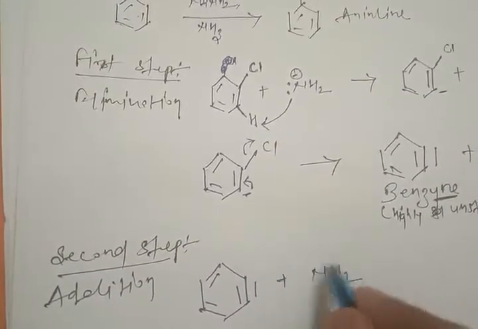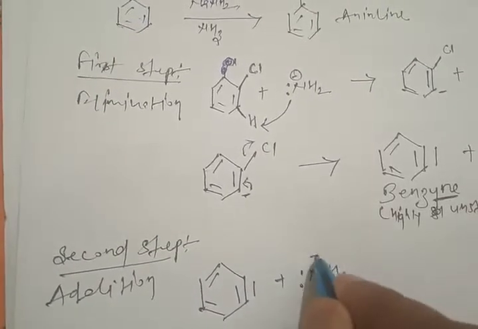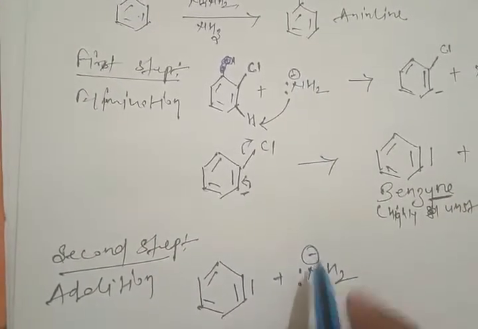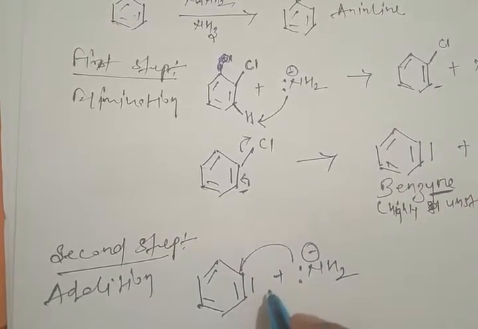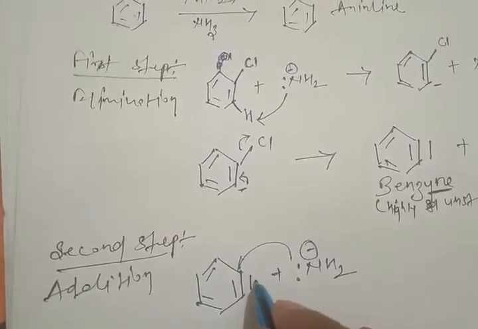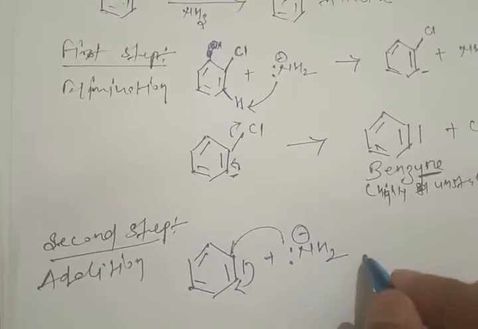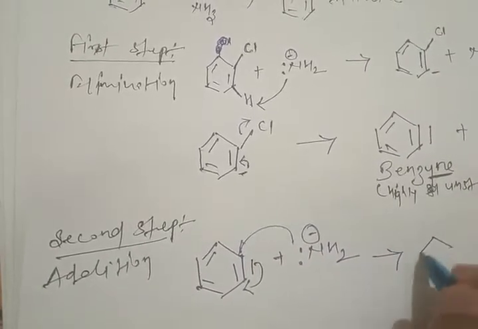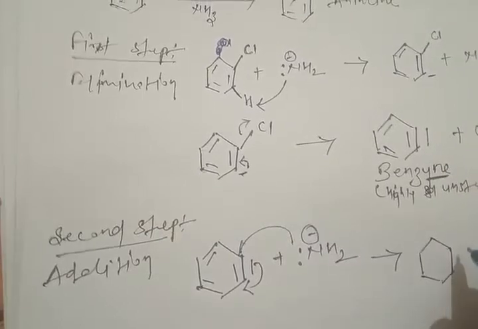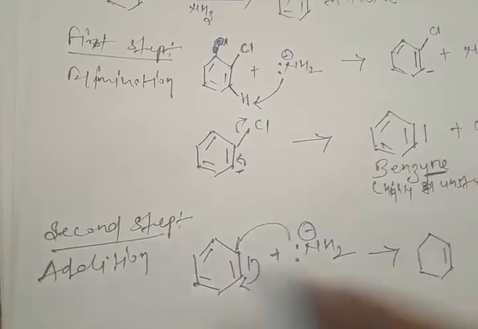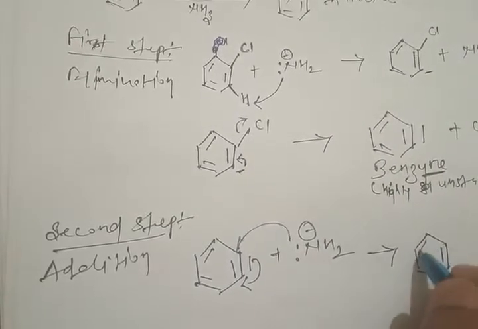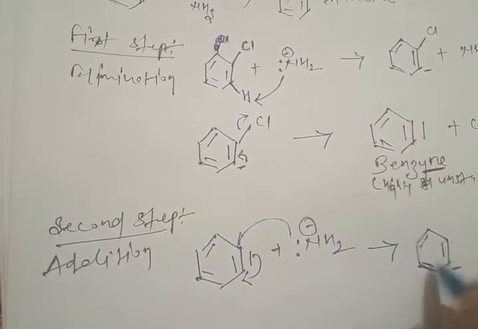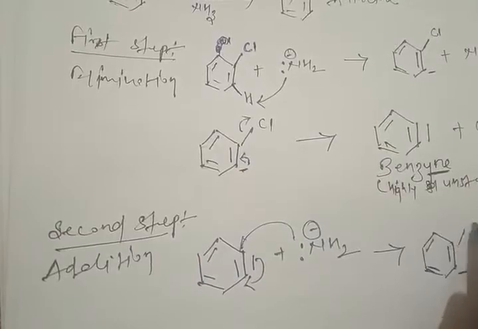NH2 negative. So this will attack this pi electron, and this will give you a negative charge here. Here we have a pi bond, because this pi electron is moving, so here a negative charge, and NH2.